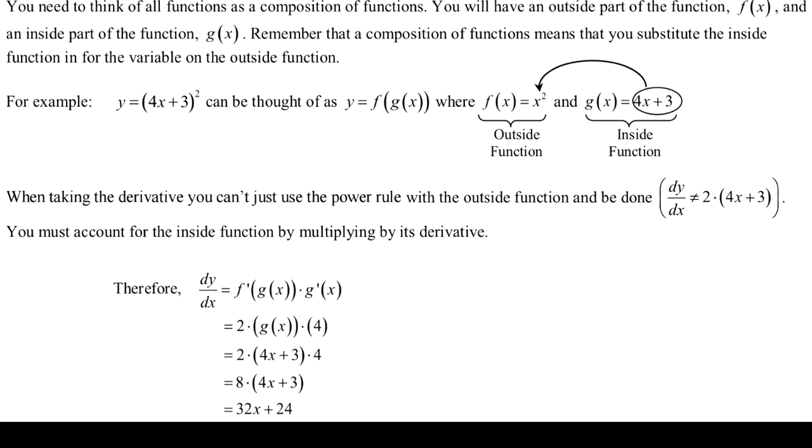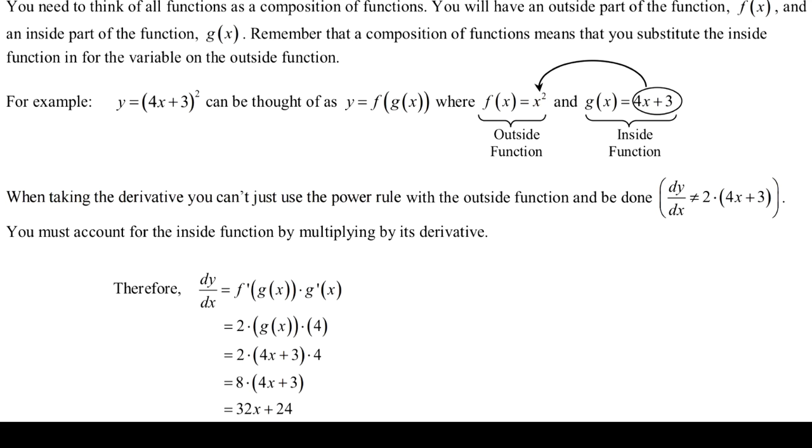All right, so let's look at this right here. You need to think of all functions as a composition of functions. You will have an outside part of the function, and you will have an inside part of your function. So if you take this problem right here, for example, the inside part is going to be the 4x plus 3. The outside part is x squared, or you can think of it as something squared.